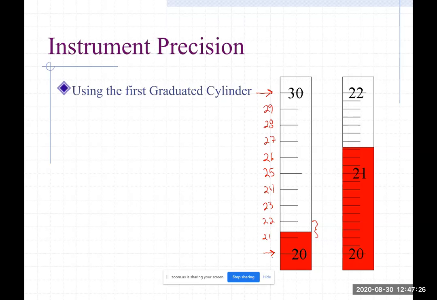So we know that we have 21, and now we're going to estimate the next value over, which is going to be again in the tenths place. And if we put 9 lines between 21 and 22, where do you suppose this line is coming out? So 1, 2, 3, 4, 5, 6, 7, 8, 9, just about.